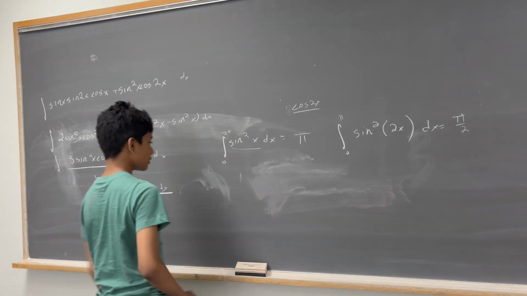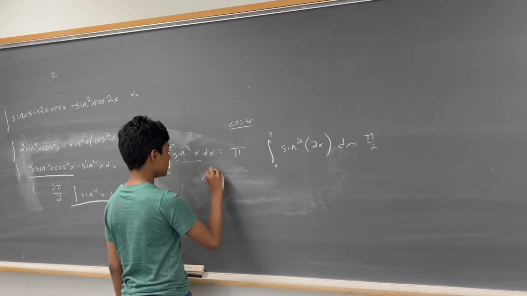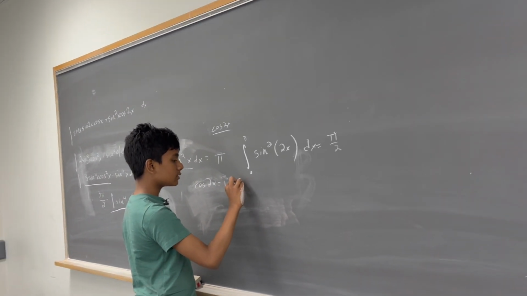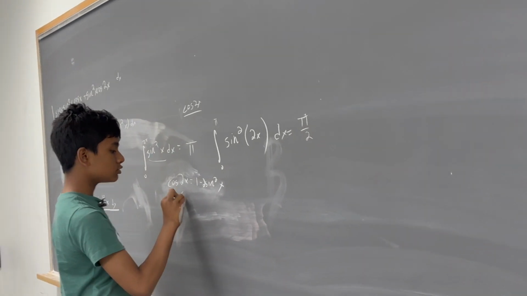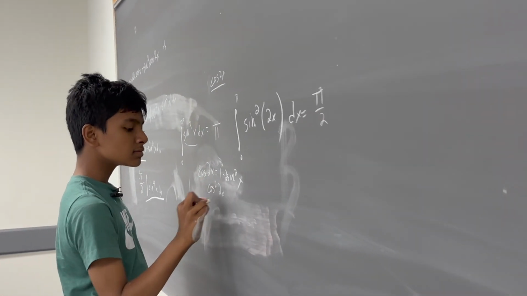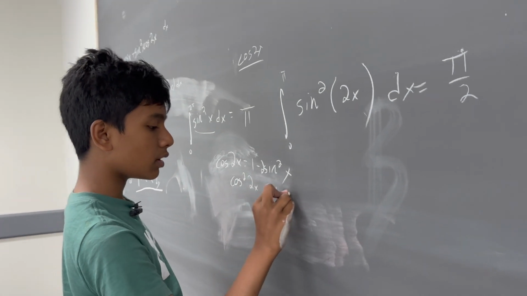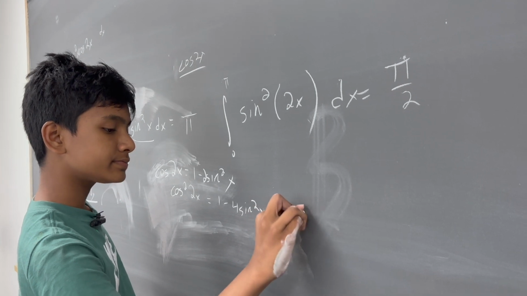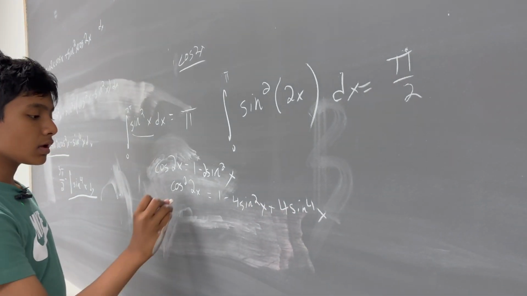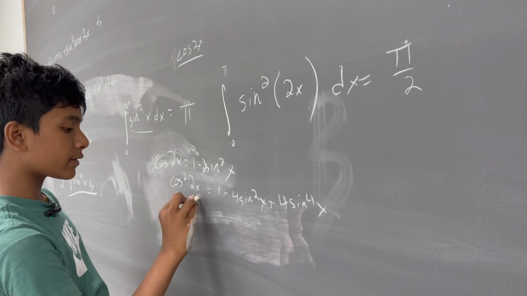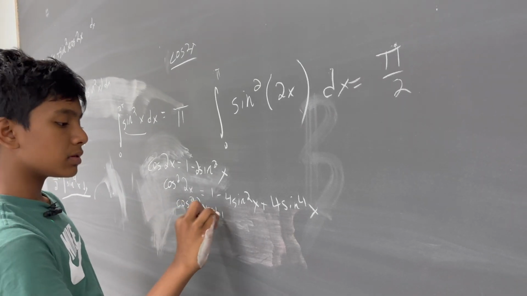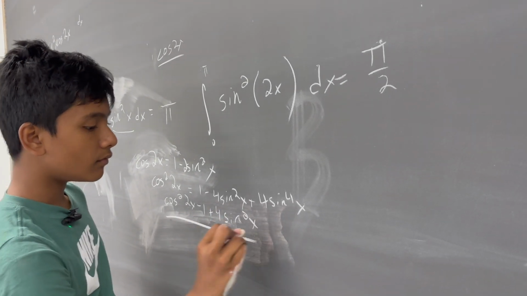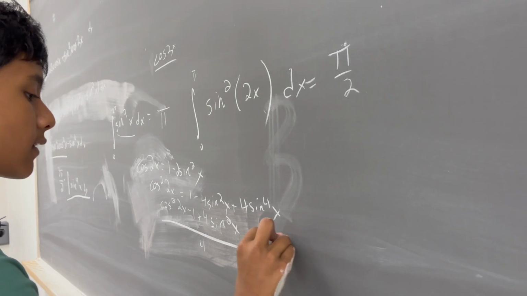Now for this part, we can use another trig identity. Cos 2x is 1 minus 2 sine squared x. So squaring both sides, you get cos squared 2x is 1 minus 4 sine squared x plus 4 sine fourth x. So cos squared 2x minus 1 plus 4 sine squared x divided by 4 is equal to sine to the fourth x.